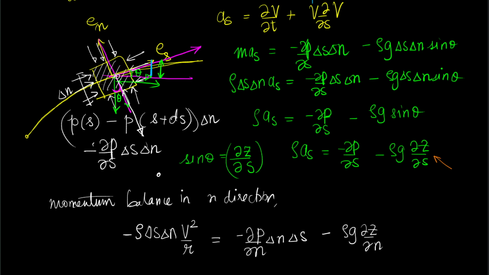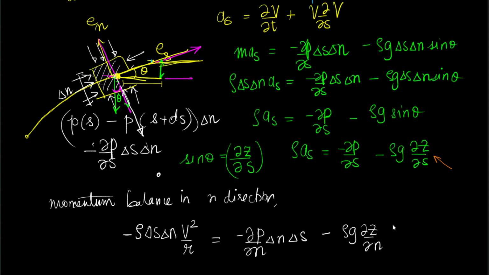Instantaneously at this point, del z del n gives us the cosine of this theta, whereas del z del s gives us the sine of this theta, that is how much z varies with an increment in s. How much z varies with an increment in n will be equal to the cosine of this theta.